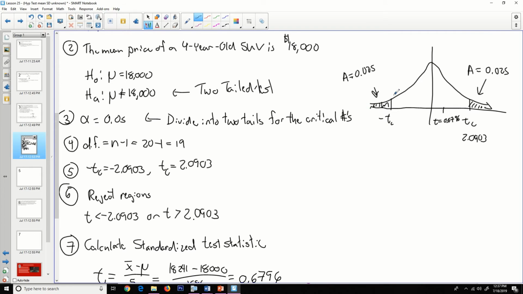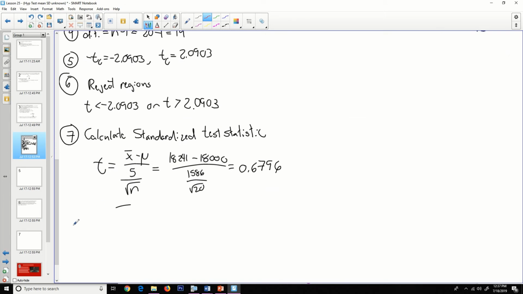That finds the area from here to there, that total area, and we don't really need all of that. But anyway, that's our test region.